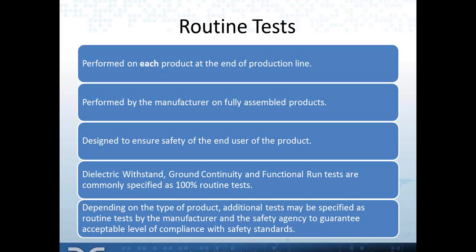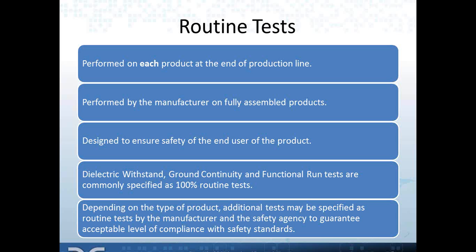Some examples of routine tests are the dielectric withstand test, the ground continuity test, functional run tests, and also, depending on the type of product, additional tests may be specified as routine tests by the manufacturer and the safety agency to guarantee an acceptable level of compliance with the safety standard.